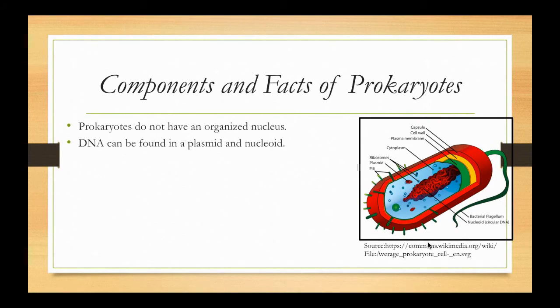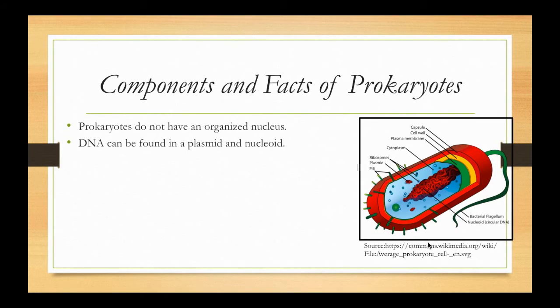Let's talk about nucleoid first. Nucleoid is an irregularly shaped region within the cell that contains most of the genetic material of prokaryotes. But then plasmid also has some genetic material. This is also found within the cell, but it is physically separated from the chromosomal DNA.